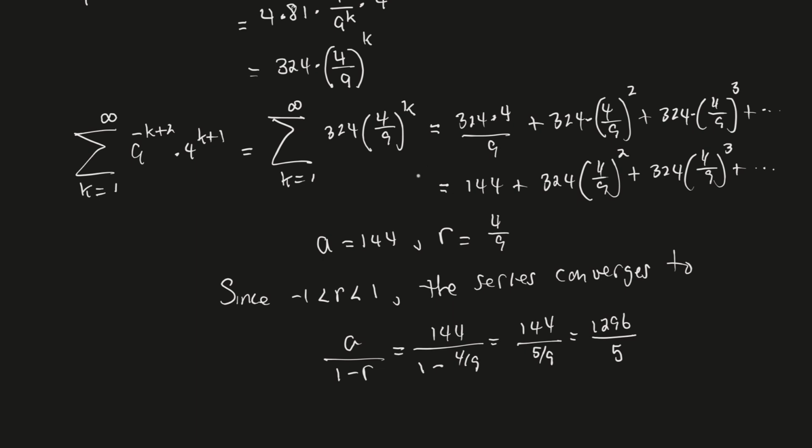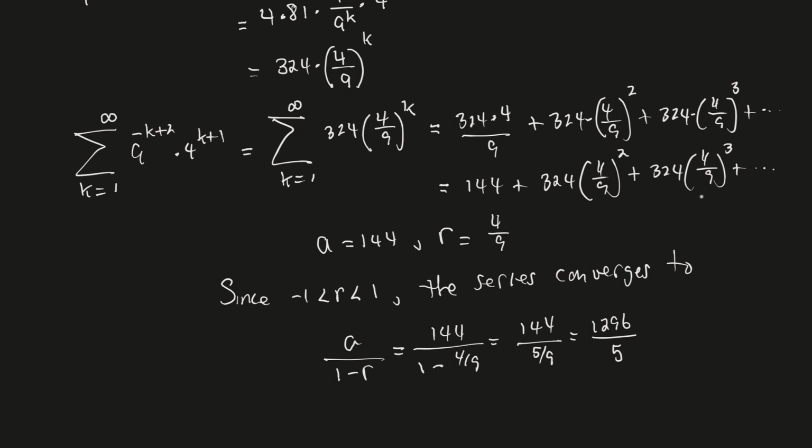So again, for this particular geometric series, if I continue to add these terms that are in that geometric progression, I'm going to get a number that's getting closer and closer to 1,296 over 5. And I can get it as close as I want by adding sufficiently many terms.